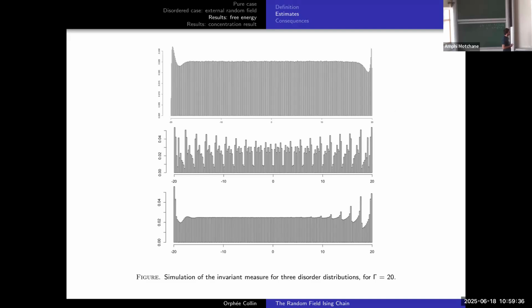And these are some simulations of the invariant measures for different disorder distributions. The first case is the nicest, which corresponds to the hypothesis of the theorem, so having a density, essentially. In that case, things behave quite well. You can see that the invariant measure looks like the uniform measure on minus gamma, gamma with some differences on the boundary, but okay.